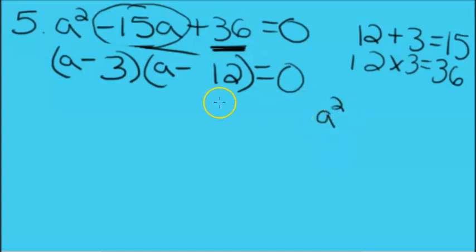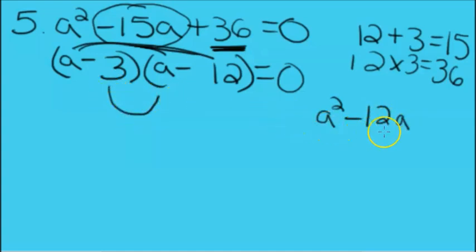So a squared, and then a times negative 12, so negative 12a. Negative 3 times a is negative 3a. And then negative 3 times negative 12 is a positive 36.